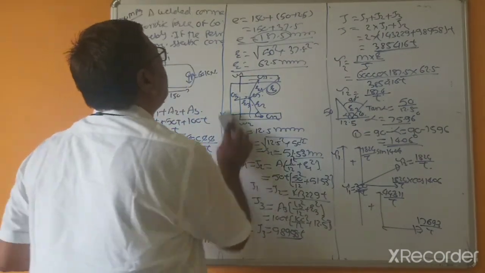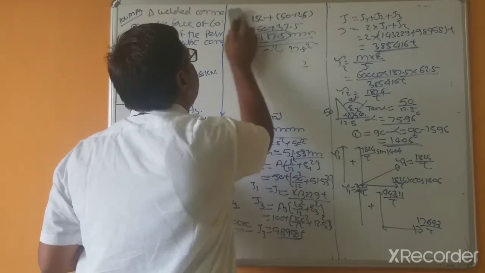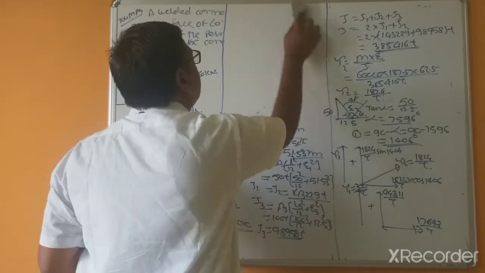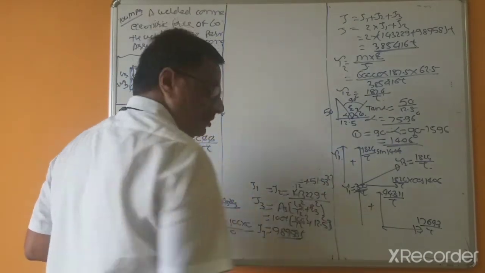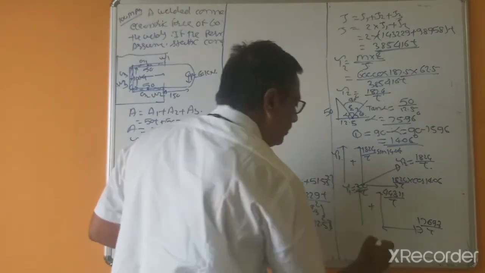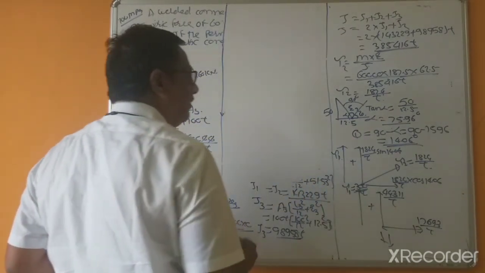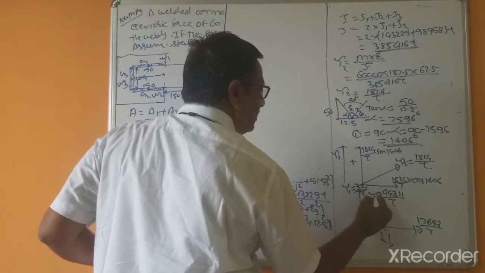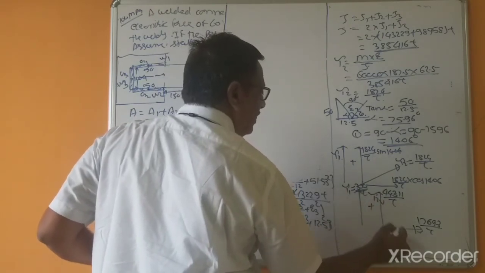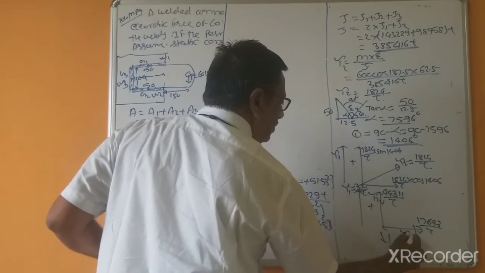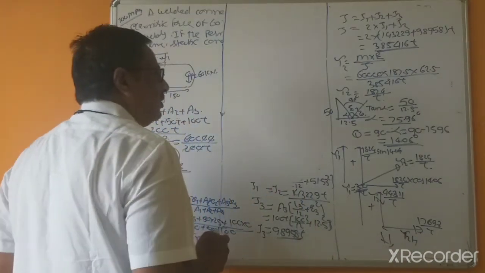Now we require space, so that's why I am erasing this. Now add the vertical and horizontal components of tau.